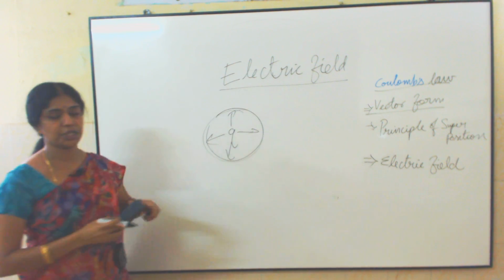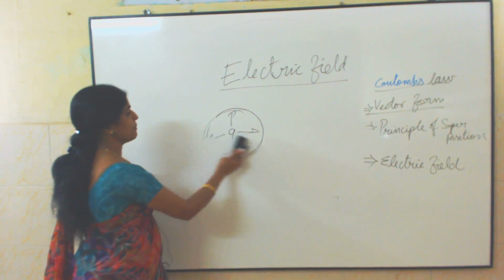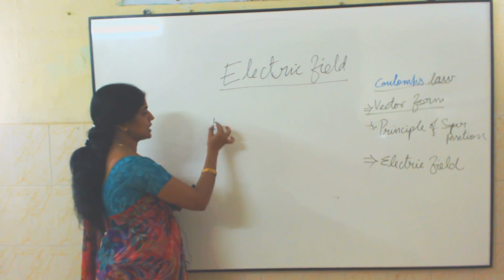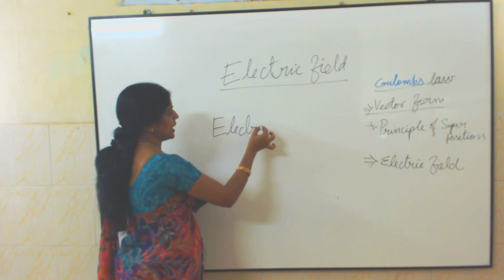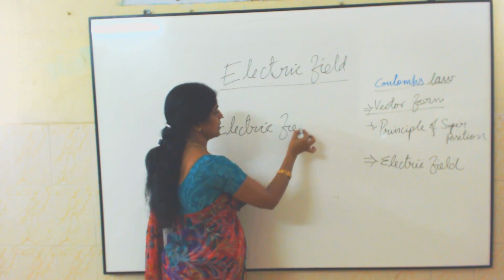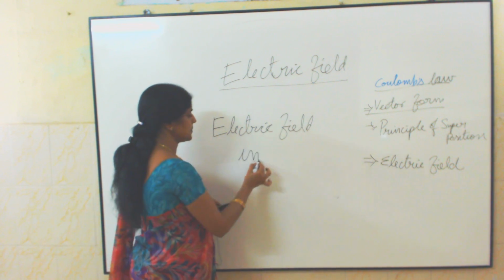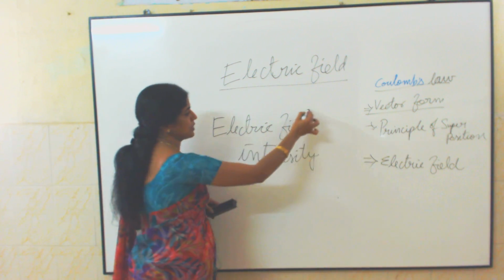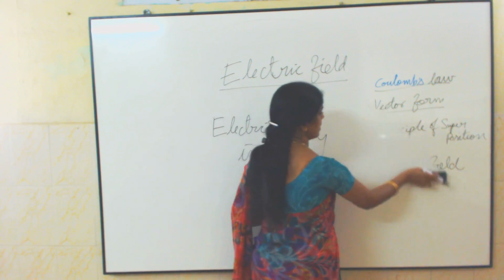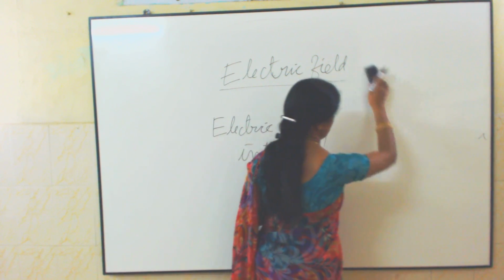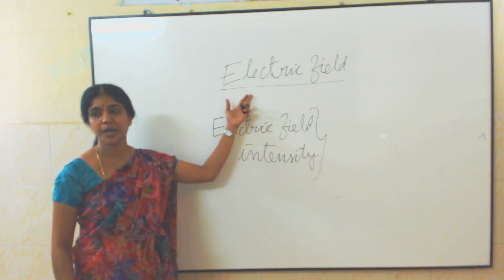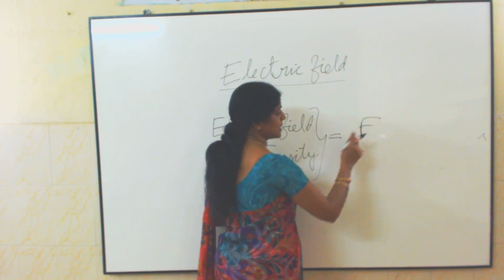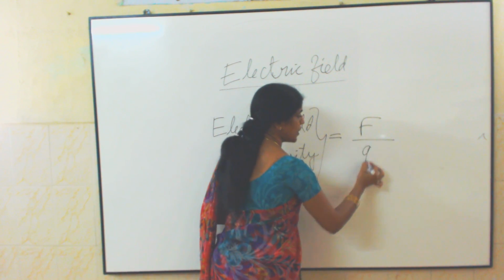How do we measure this electric field due to a point charge? I can easily measure it by the electric field intensity, which is equal to the force experienced by a unit positive charge.